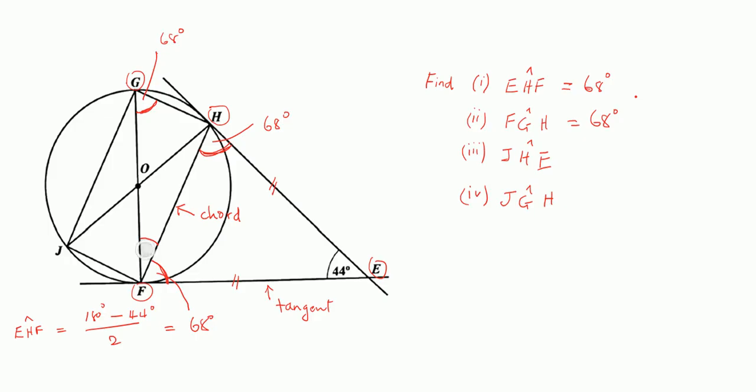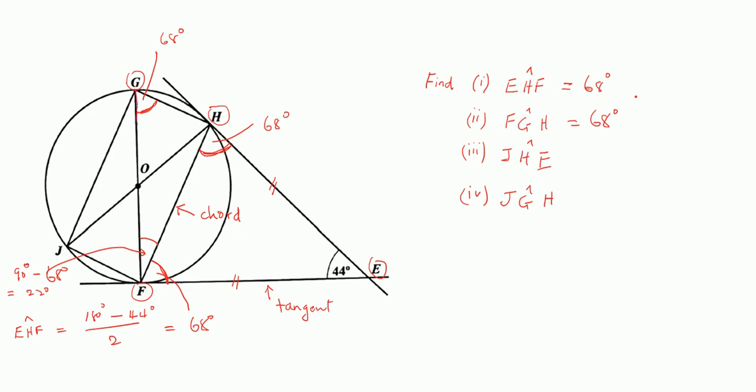So this angle here, let's see if I could do that. This angle here is 90 degrees minus 68, which will give me 22 degrees, right? So how did I know to do that?